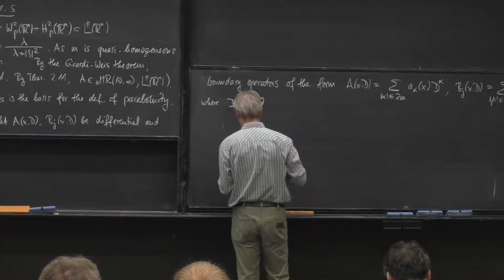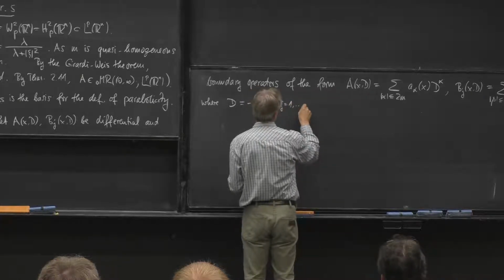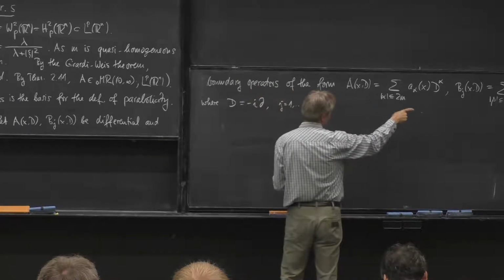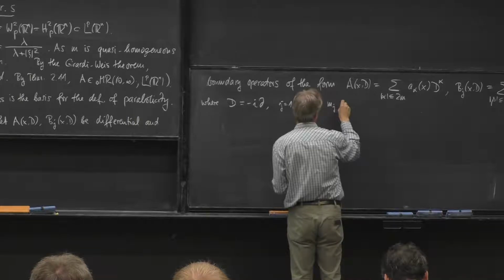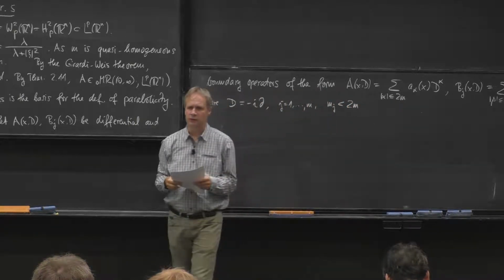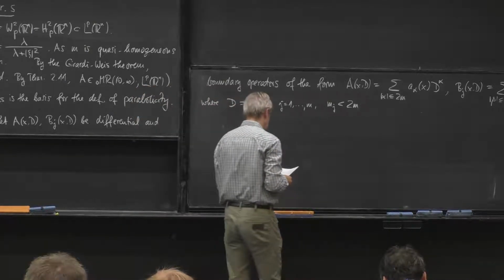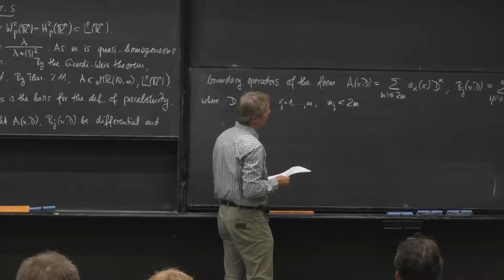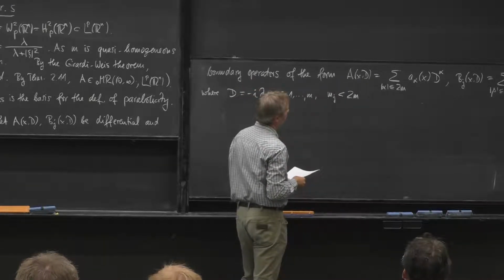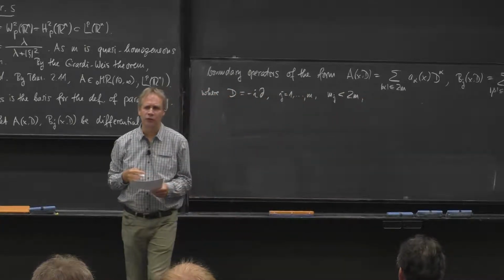And okay, what else? J runs from 1 to m. The orders of the boundary operators are assumed to be strictly less than the order of this operator. This is, of course, not always the case, but this is the case I treat here. And okay, what about the coefficients? So now I assume some smoothness on the coefficients.